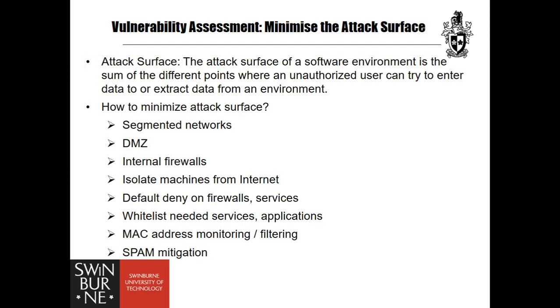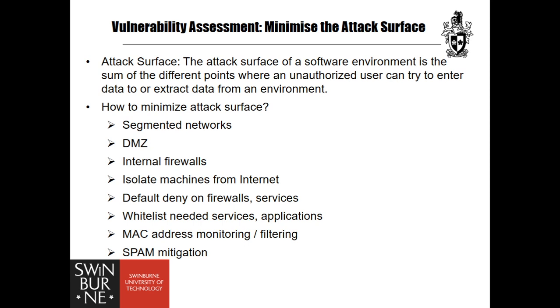Okay, before we go further into how to minimize the attack surface, we need to understand what an attack surface is. It can be defined as a software environment, the sum of the different points where an unauthorized user can try to enter data to or extract data from an environment. How to minimize attack surface?